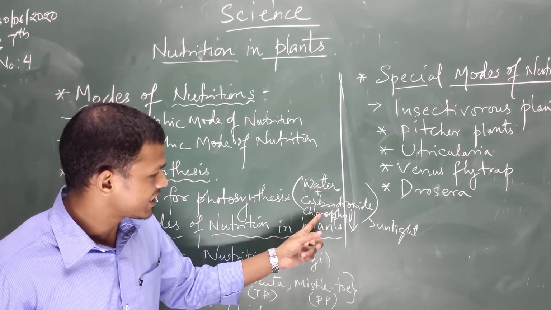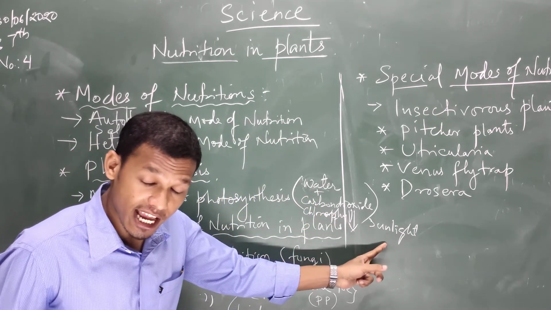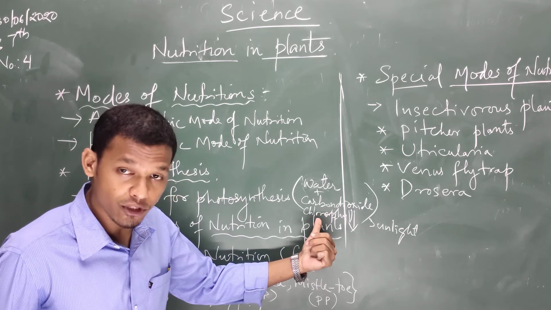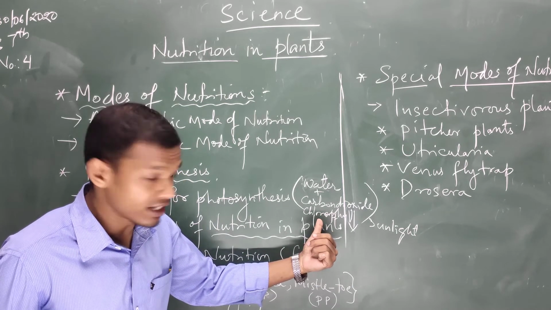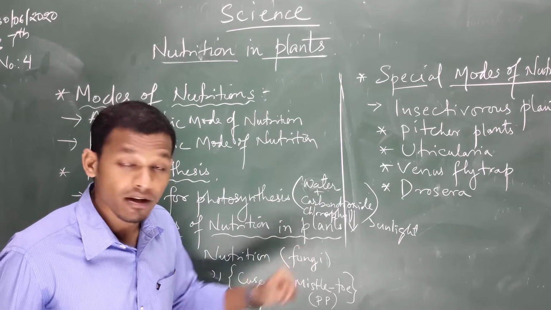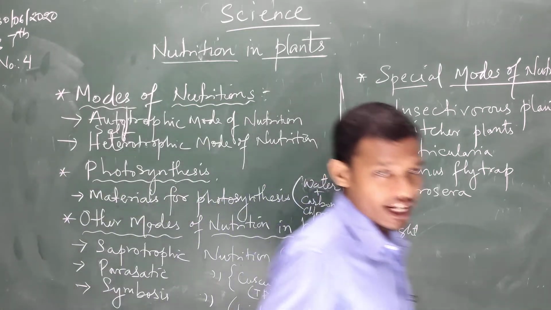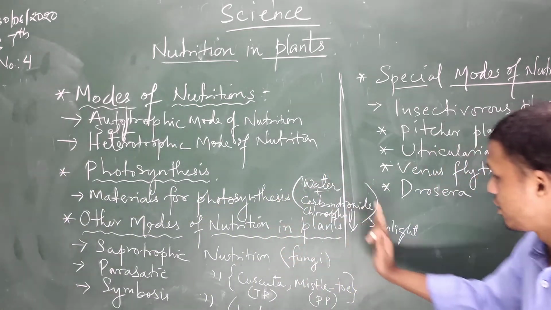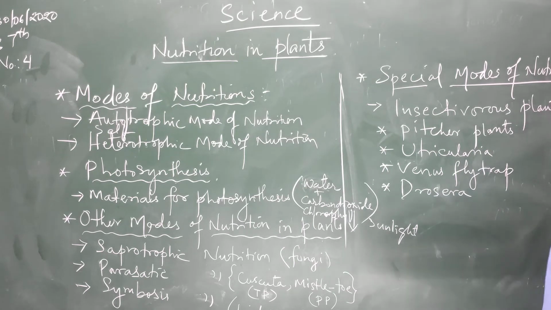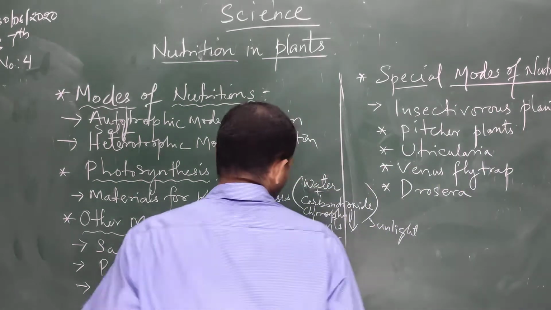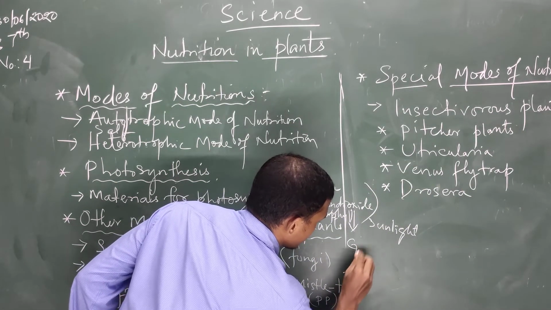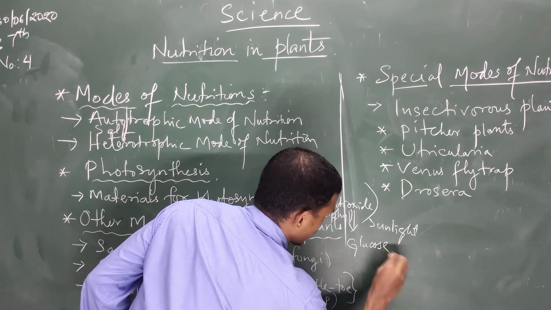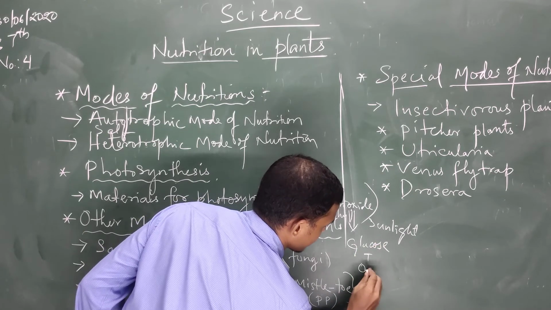Water plus carbon dioxide in the presence of sunlight and chlorophyll, which is present in the leaf, will produce a product and a byproduct: glucose plus oxygen.